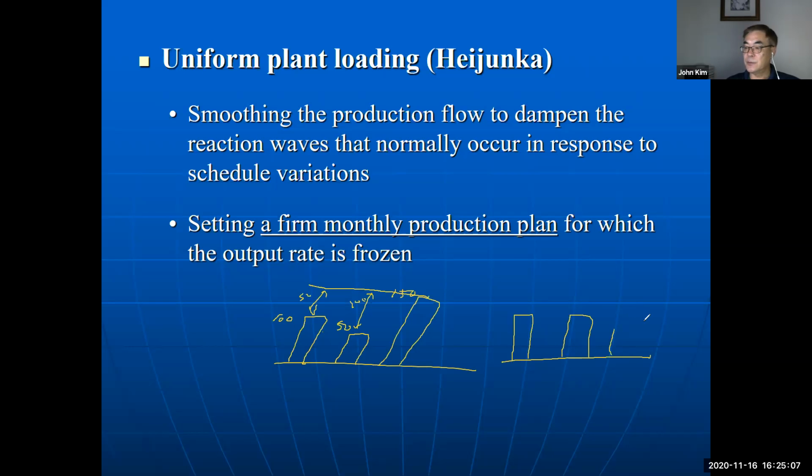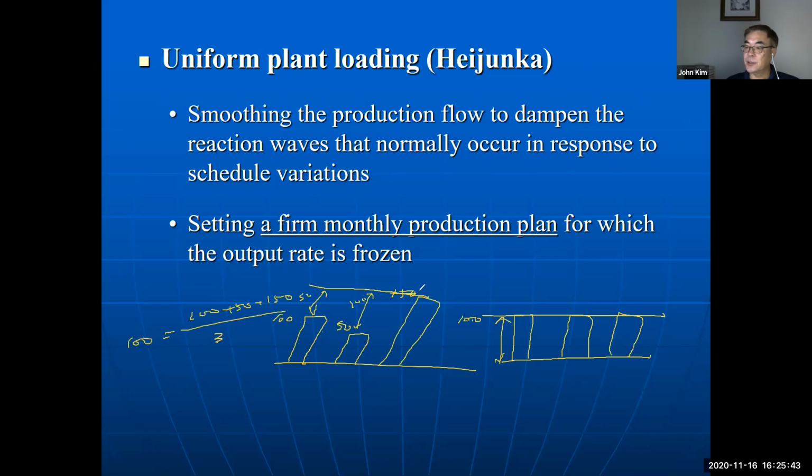On average, 100 plus 50 plus 150, the 3 months average is 100. So just schedule evenly, uniformly, 100, then this company needs 100 capacity.